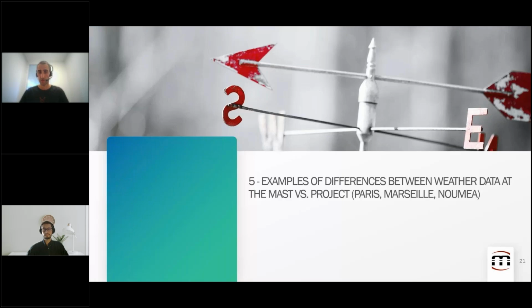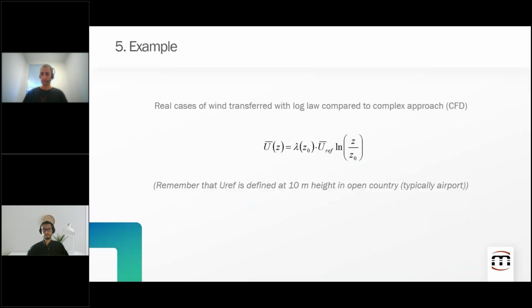So I will focus on 3 examples. Let's start with Marseille. I will use the wind law approach. Remember that we are starting from the airport always.